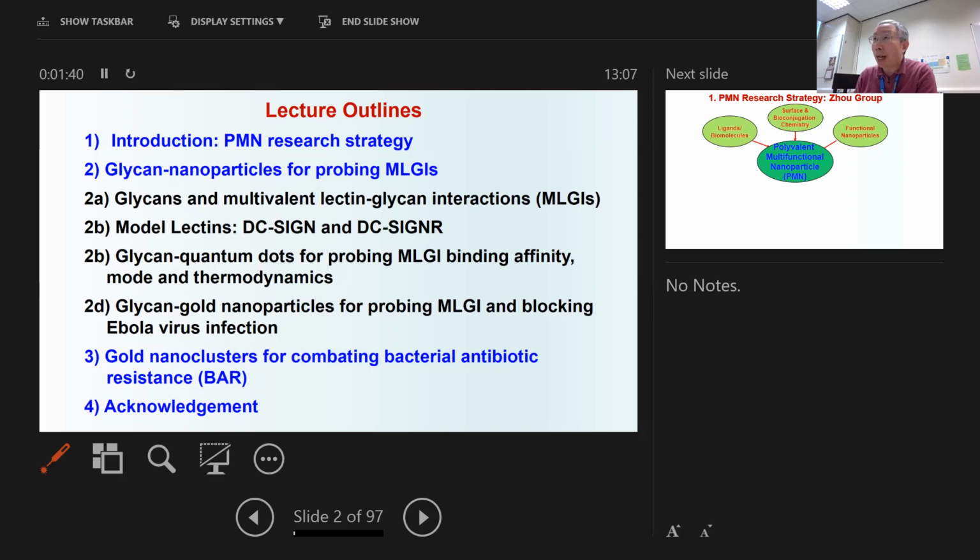These include the monolectins we have been targeting for DC-SIGN and DC-SIGNR, and then glycan quantum dots for probing MLGI affinity mode and binding thermodynamics. And also these nanoparticles for probing MLGI and also blocking Ebola viral infections.